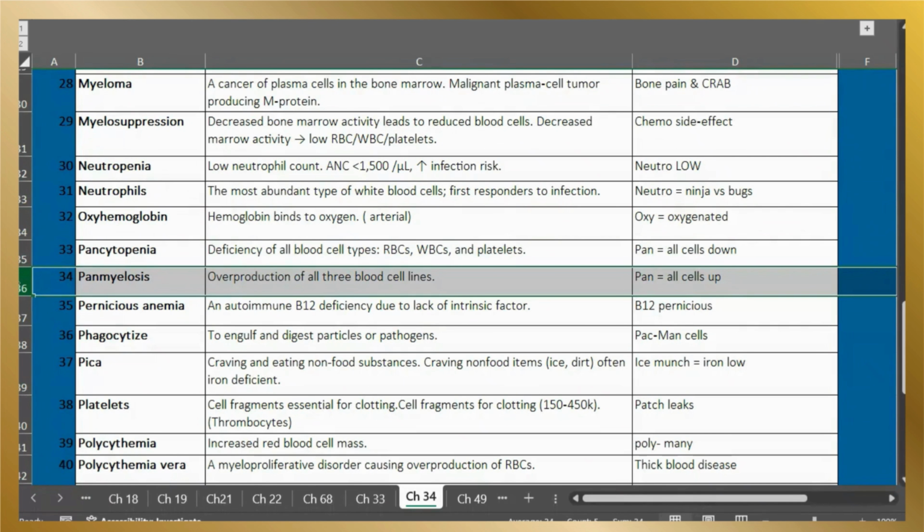Panmyelosis, overproduction of all three blood cell lines, pan, all cells up. So you see pancytopenia, cells down, and this is the opposite, overproduction of all three. Can you see here, this is down, and this is too much.